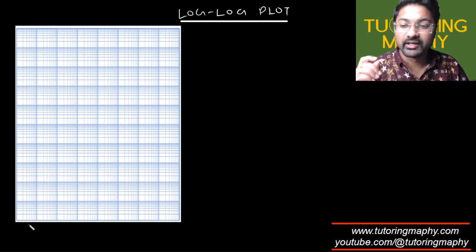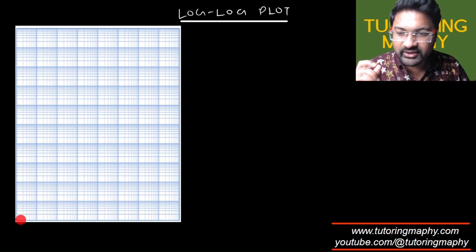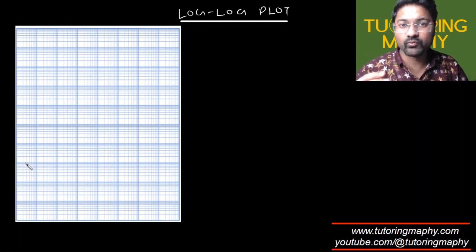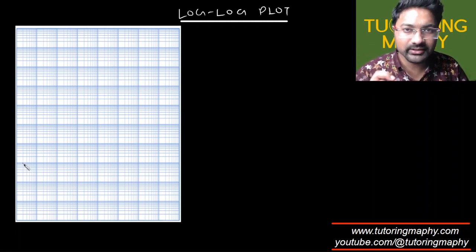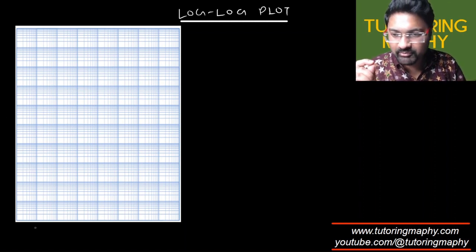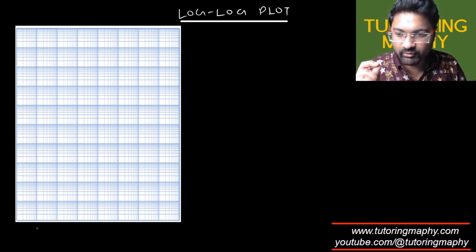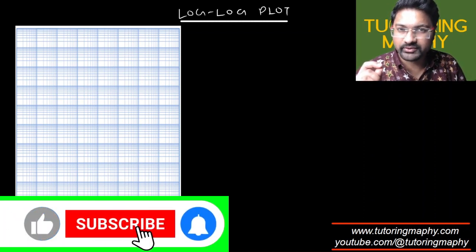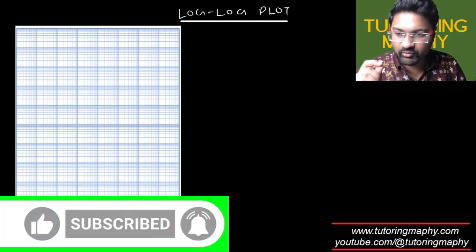It's called a log plot because the x and y axes are both not linearly scaled, they are logarithmically scaled. So when I plot a point over here, the starting point will not be 0. That will actually be 1.